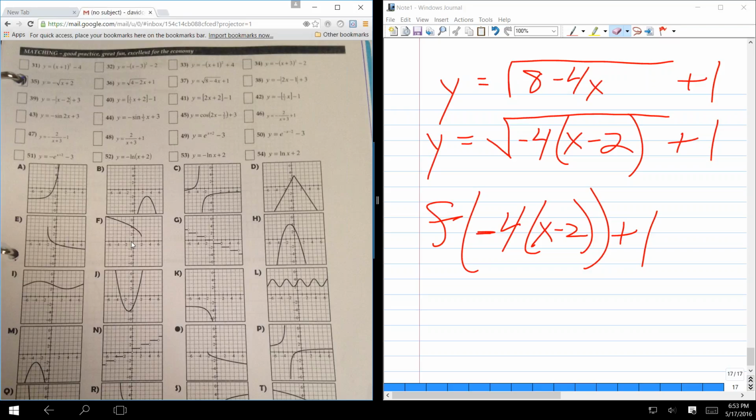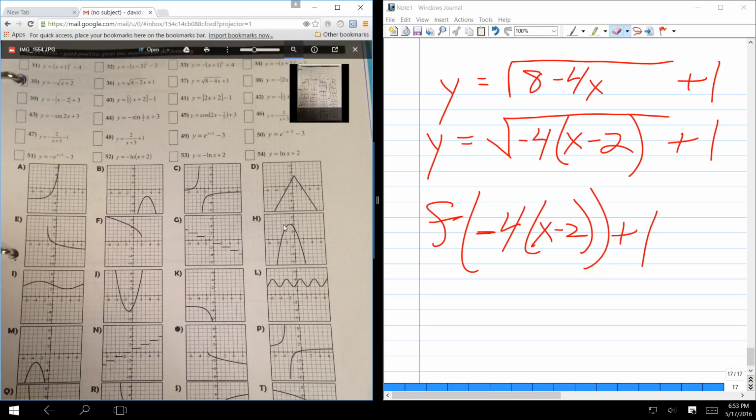Ah, 38. No, absolute values always have this corner in them. Interesting. 37. Square root of 8 plus 1 is not 4. Or it might not be exactly 4.